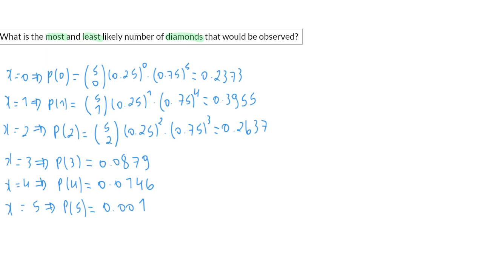I can see that this number is the biggest one. So the most likely value of x is 1. I can also see that this number is the smallest. Thus, the least likely value of x is 5.